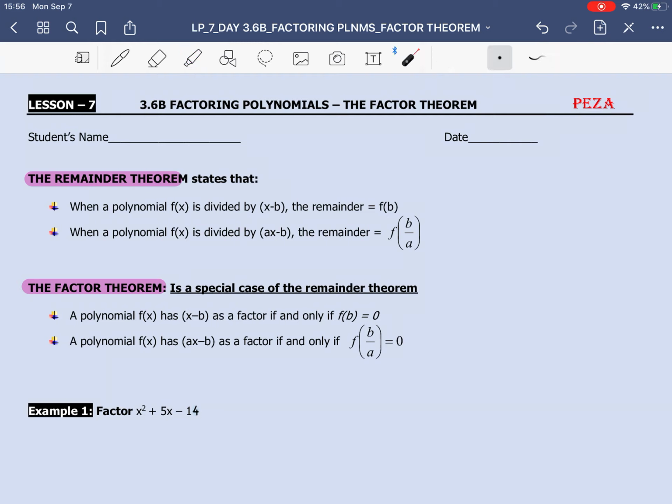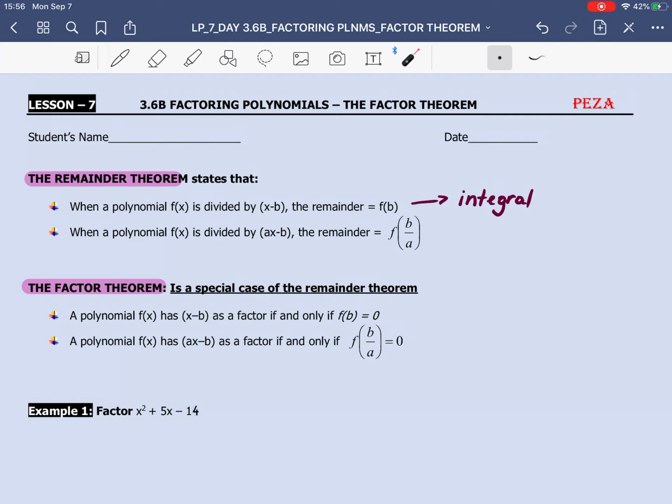But just to recap one more time, we said that when a polynomial f of x is divided by a binomial of the form x minus b, then the remainder would equal the value of the polynomial at b. We called this the integral form of the remainder theorem, and that is because the value of b is an integer.